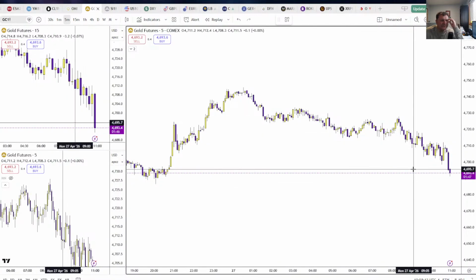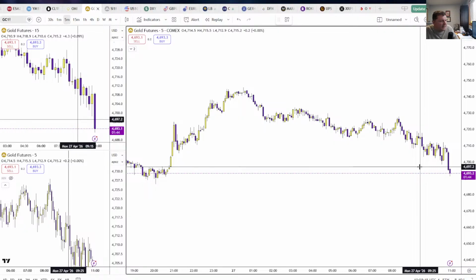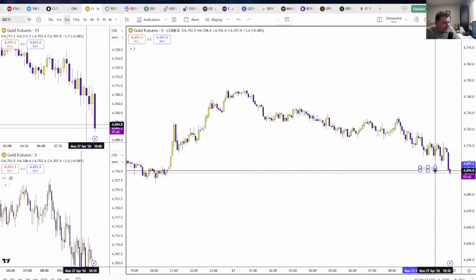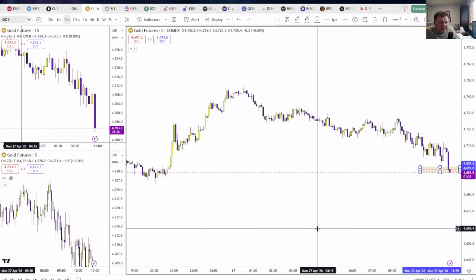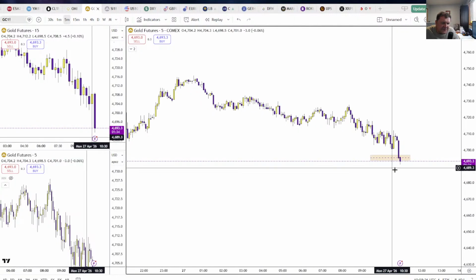So for gold, I want to see if gold closes below here and then uses this as support.